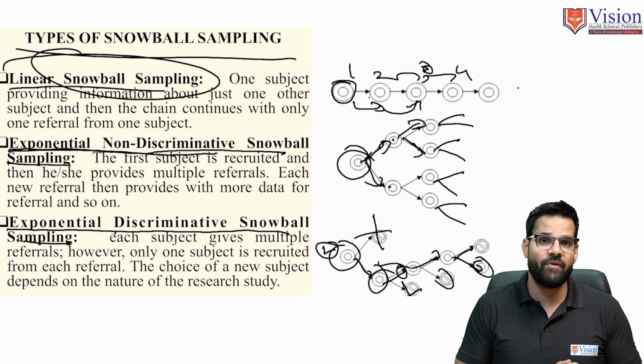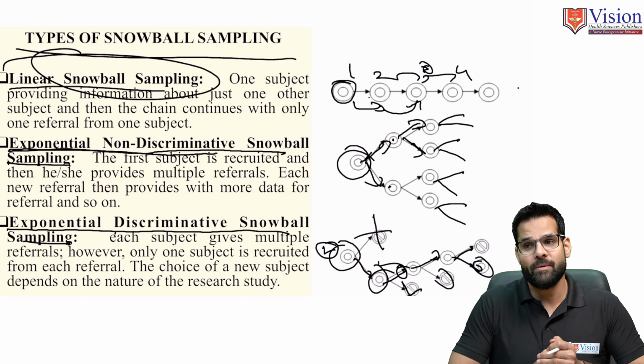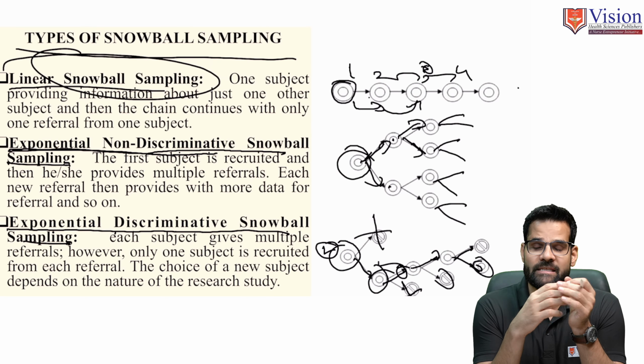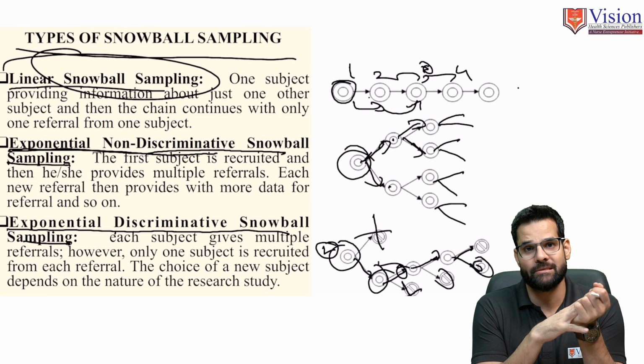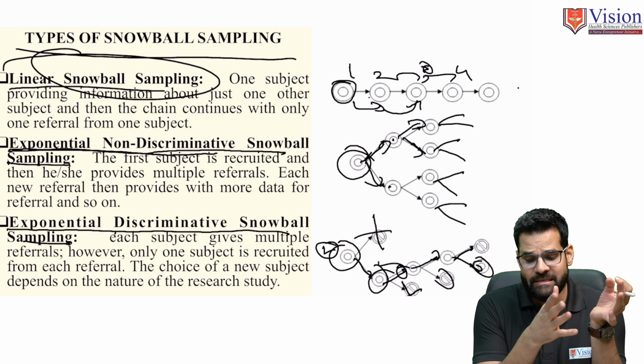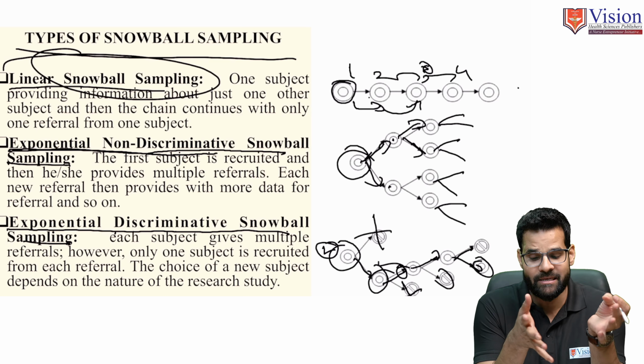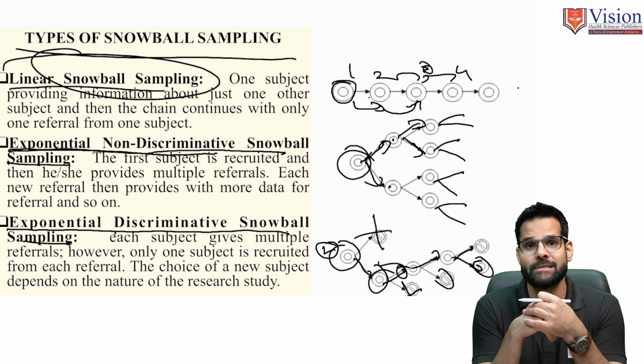Snowball sampling is very effective to find the sample. Otherwise, if you go for other methods of sampling, you will struggle to find the samples. That is the one biggest merit, and that is the reason for the existence of snowball sampling.